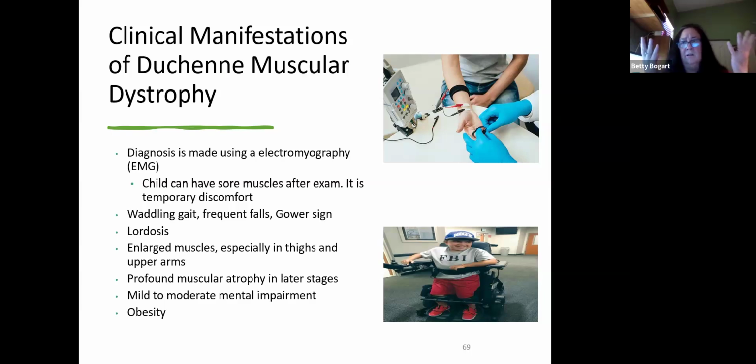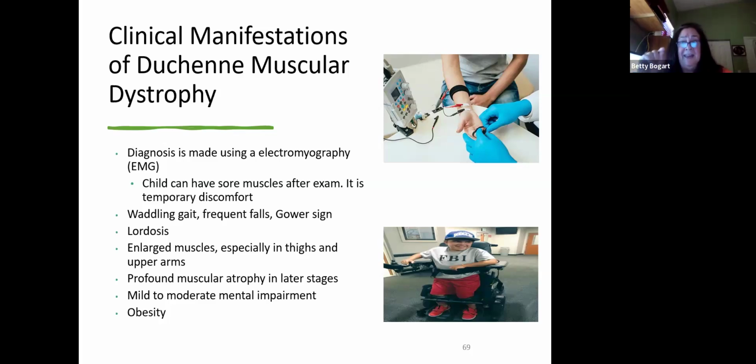It is this little machine that produces an electrical shock, and it measures the strength of contraction that that shock produces. So if you have muscle weakness, you give a shock, and the response is not going to be as strong as you would want it to be, or it's overly exaggerated. So when these children are suspected of Duchenne muscular dystrophy, this is what will diagnose it, that muscle weakness.